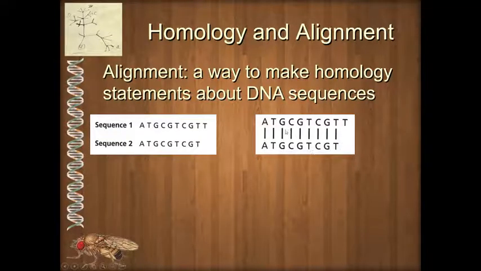Or we could look at a different genus outside of Drosophila, and perhaps come up with a consensus or an idea about whether this T here represents an extra base pair that was gained as a mutation in sequence 1, or the loss of a base pair that was gained somewhere in the history of sequence 2.